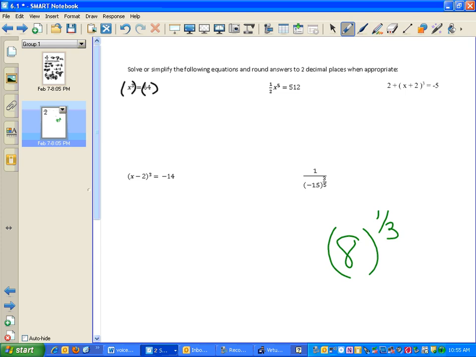Not square root it, cubic root it, or raise it to the 1/3. So that means x is equal to, what's the cubic root of 64? 4. Is it plus and minus? No. Cubic roots are either going to be just positive or just negative. Even roots, any even root, positive and negative.